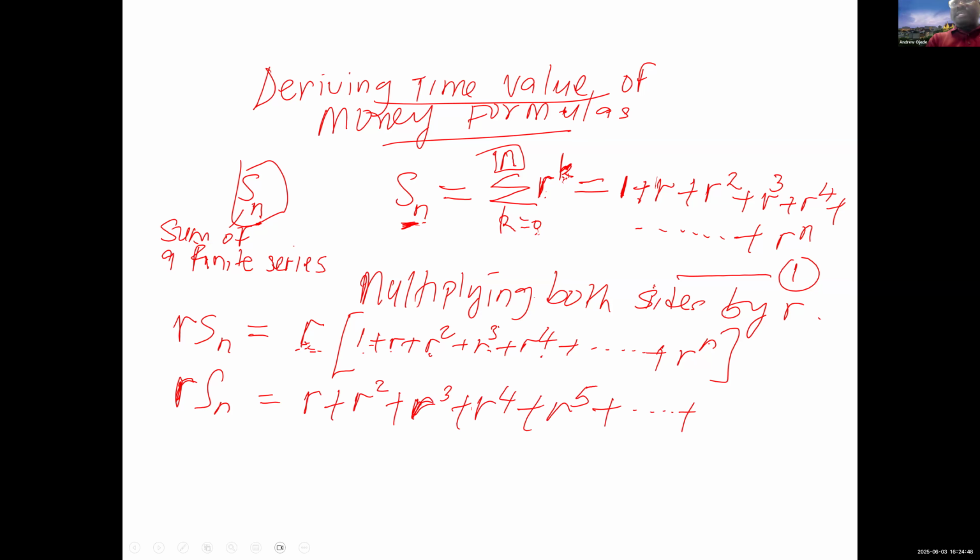You know the rules of exponents: if you're multiplying the same base, you add the exponents. r by itself is raised to the power 1, multiplied by r to the n, so the last term is r to the power n plus 1. So I'm going to name this equation 2.